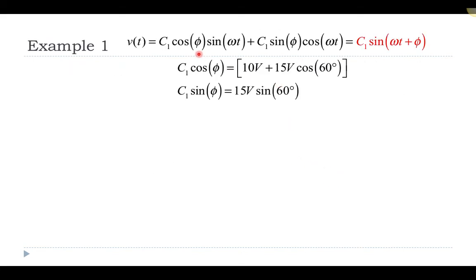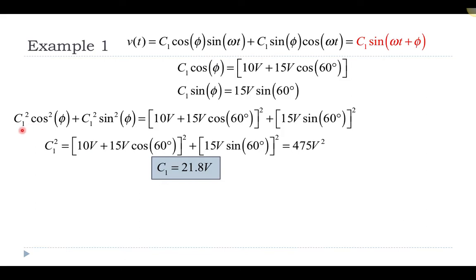Starting with what we know: C1 times cosine of the angle is equal to this value that was out in front of the sine term, and C1 sine of phi is equal to that other term. So I can square both of these equations. I take the left term and square it, C1 squared cosine squared phi, and add it to C1 squared sine squared phi.